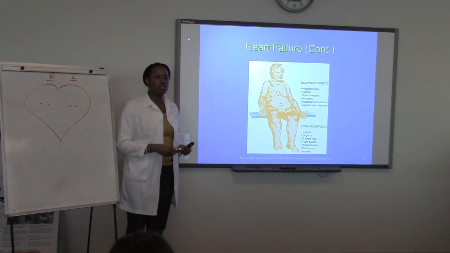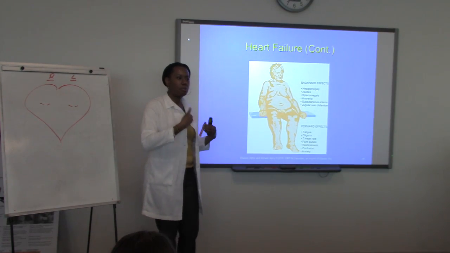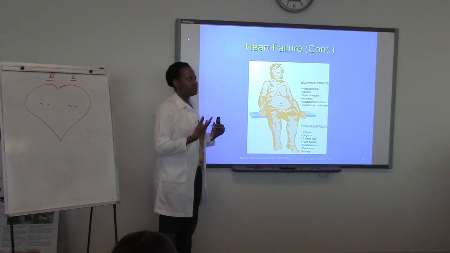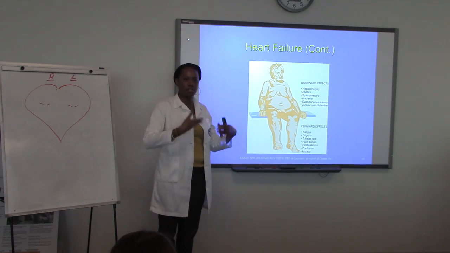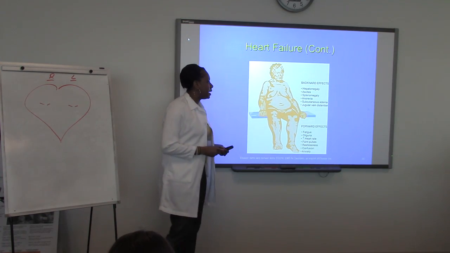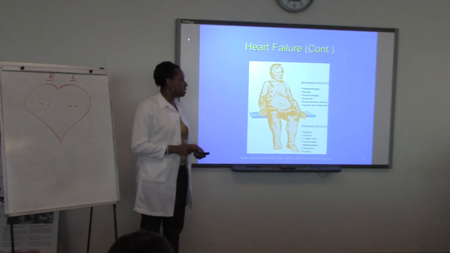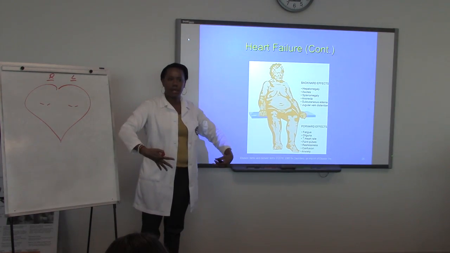So if we have venous congestion, it's actually going to attack organs that are supposed to help detoxify and just help kind of filter the blood. So hepatomegaly, ascites, splenomegaly, anorexia, subcutaneous edema, which is why she looks that way.